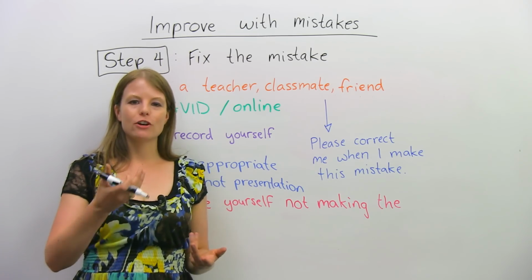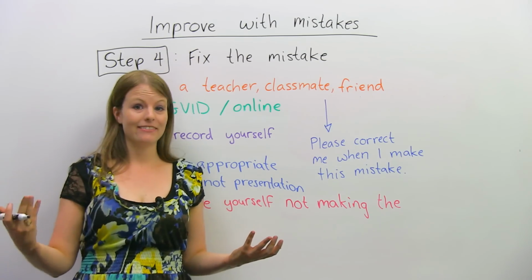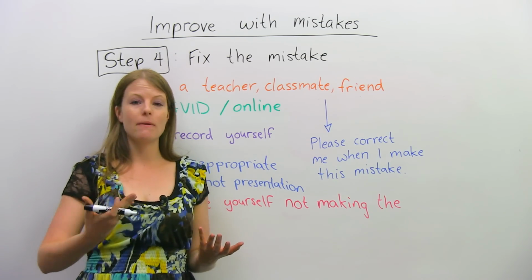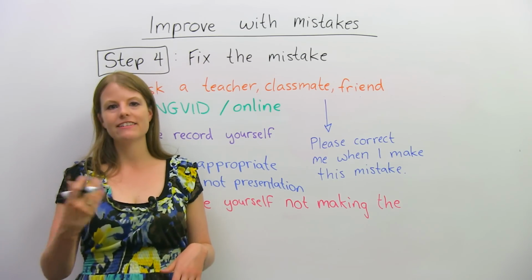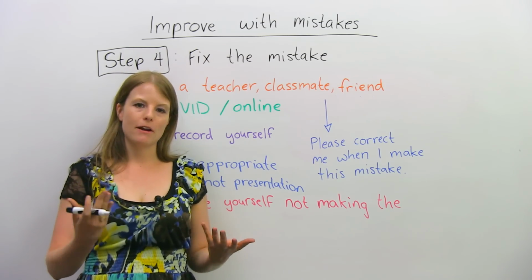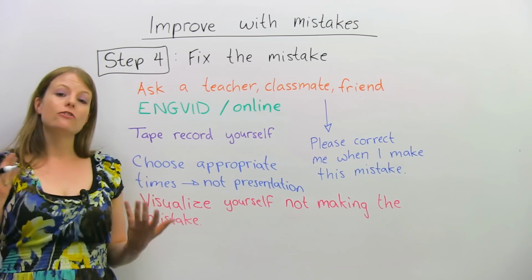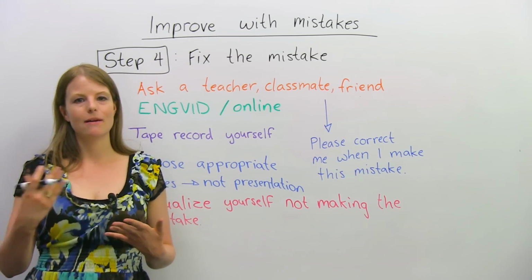But when they actually record themselves and listen to themselves speak, they're surprised because they can actually hear, oh my goodness, I actually didn't say that. Or, oh, I forgot the article. Or, oh, I didn't actually use the present perfect here. Okay, so tape recording yourself and listening for that mistake is a great way to become self-aware.